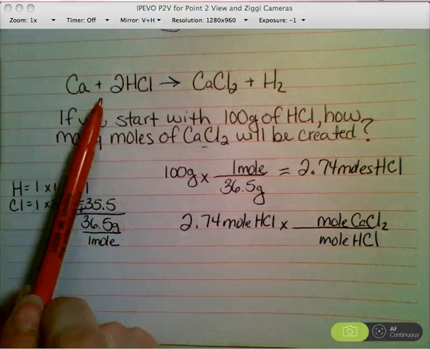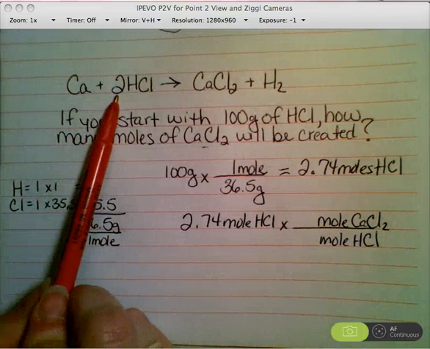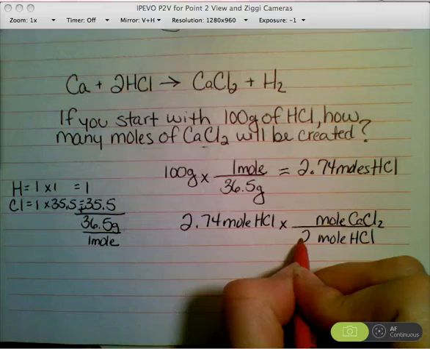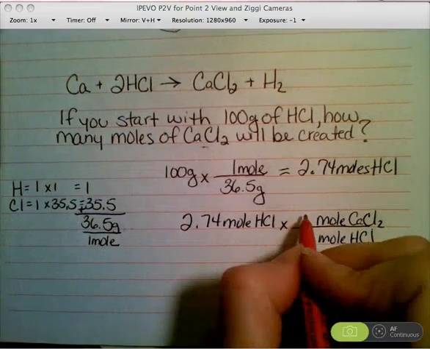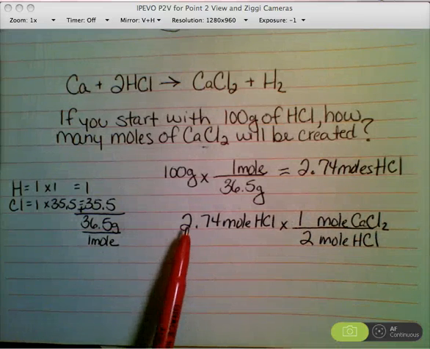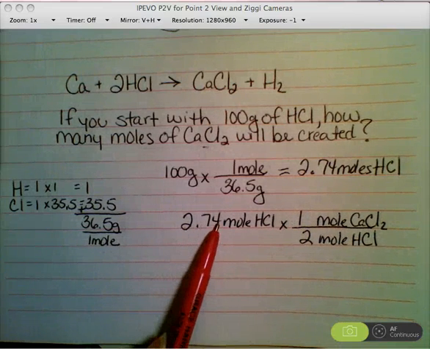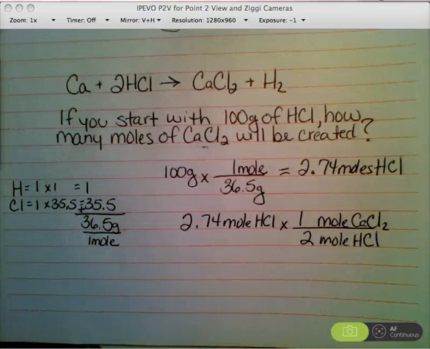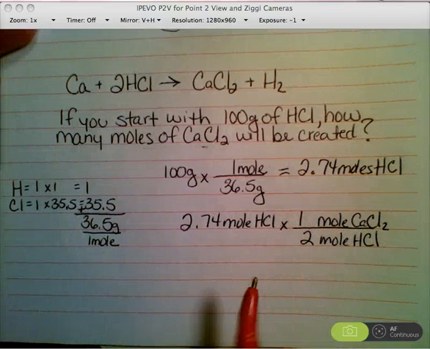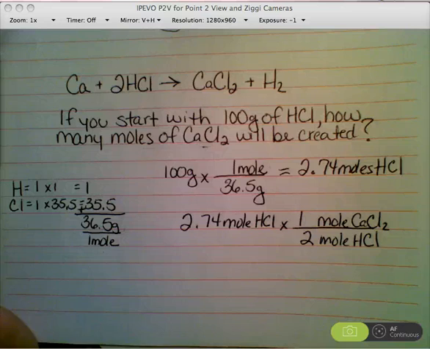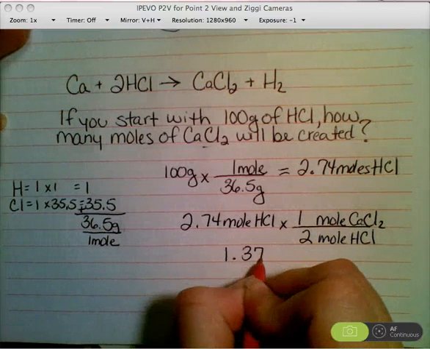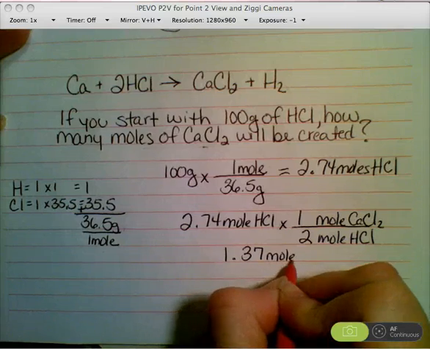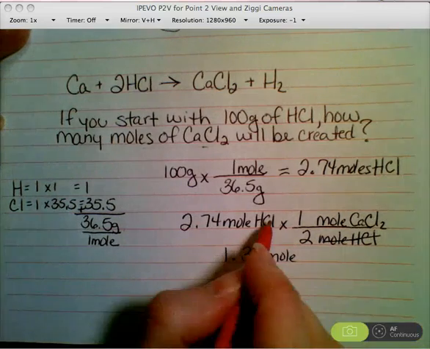Now I use my balanced equation, and I have 2 moles of HCl for every 1 mole of CaCl2. So now I take 2.74 times 1 divided by 2. And I get 1.37 moles. Alrighty, moles of what?